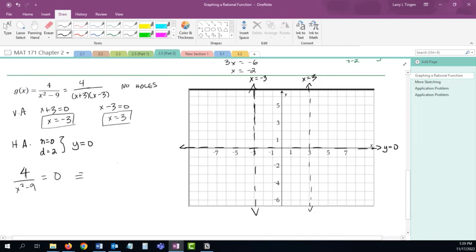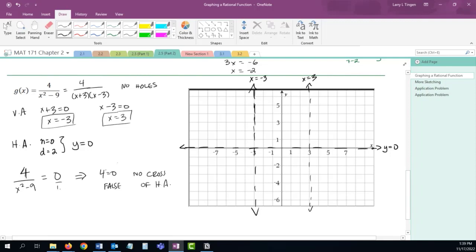I'm going to run into the exact same thing I did before. If I set this up for cross multiplication, what I'm going to end up with is 4 equals 0, which is false. So once again, no cross of the horizontal asymptote.